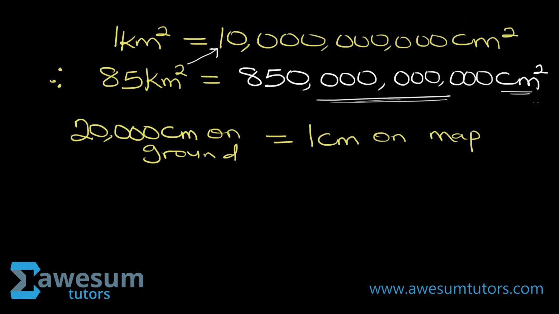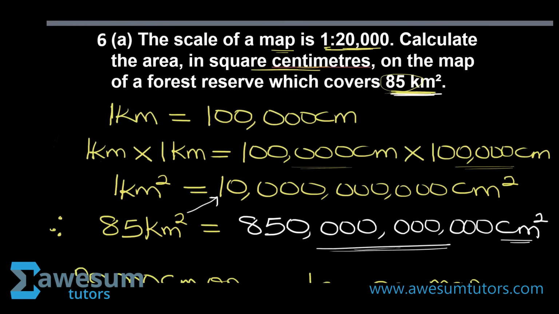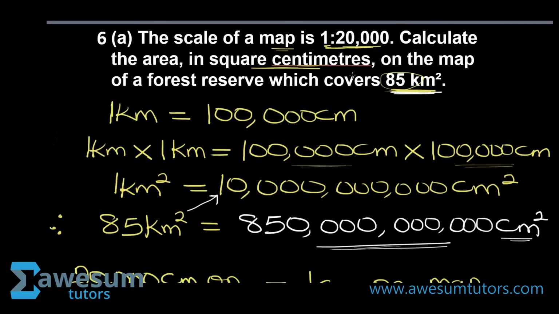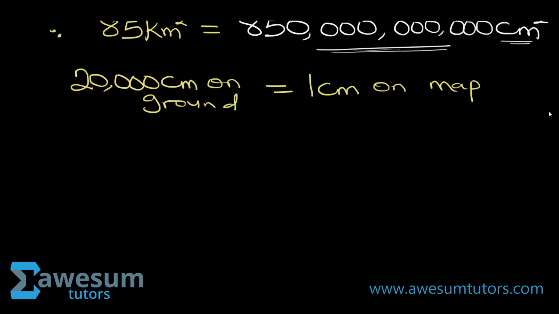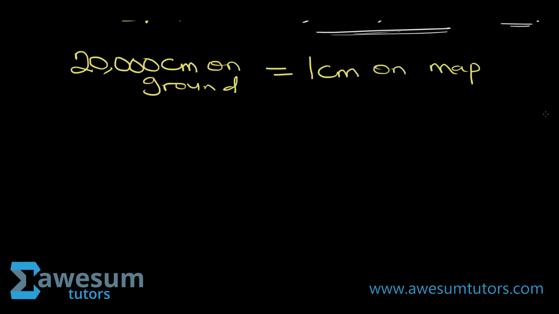That is what this scale means. 20,000 centimeters on the ground is represented by 1 centimeter on your map. Okay, let's move on. 20,000 centimeters on ground equals 1 centimeter on map.